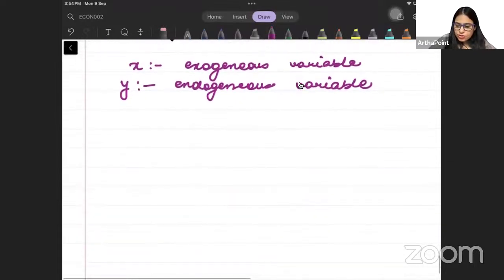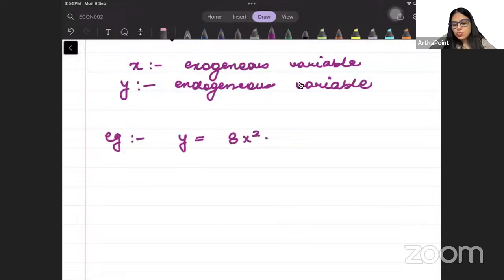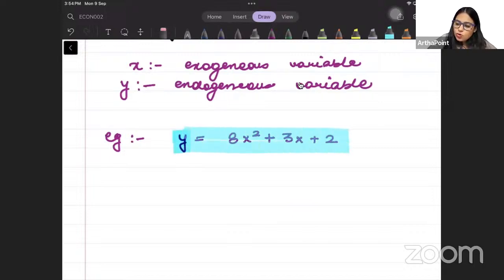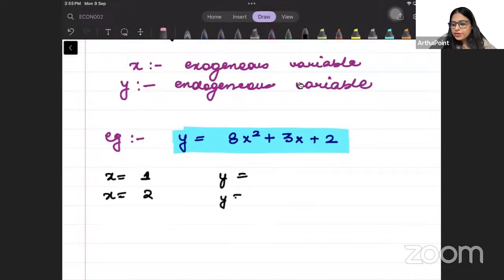Examples ले लेते हैं function के. Example: Y is equal to 8x square plus 3x plus 2. That means Y is dependent on the value of X. जब आप X को 1 डालोगे, you will get one particular Y. When you put X as 2, you will get a different Y. So here you will get 8 plus 3 plus 2, 13.